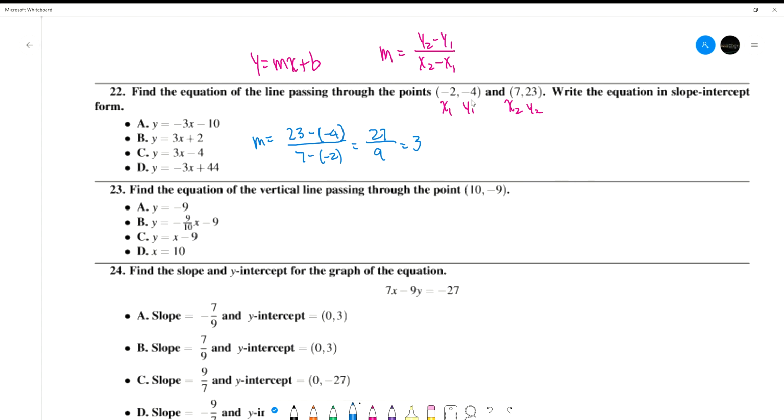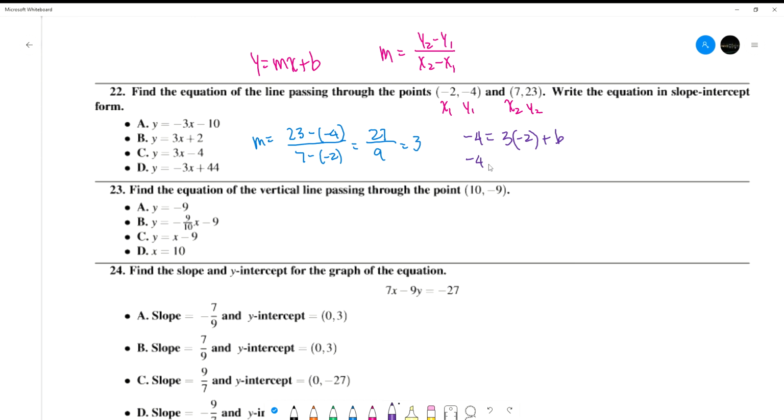Okay? So let's use a different color here. I'll use this purple here. All right, so I'm going to use the first ordered pair. The numbers are just smaller, okay? So negative 4 is y is equal to m, which is 3, times x, which is the negative 2, plus b.